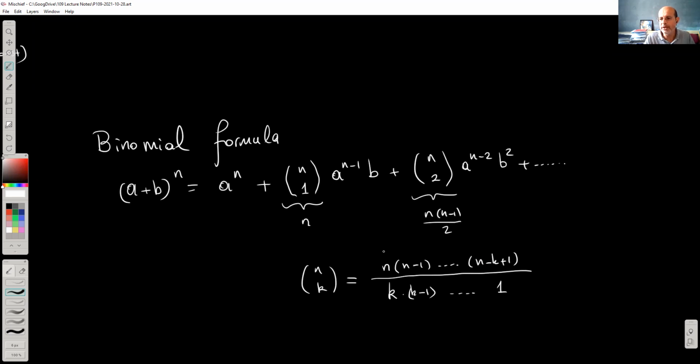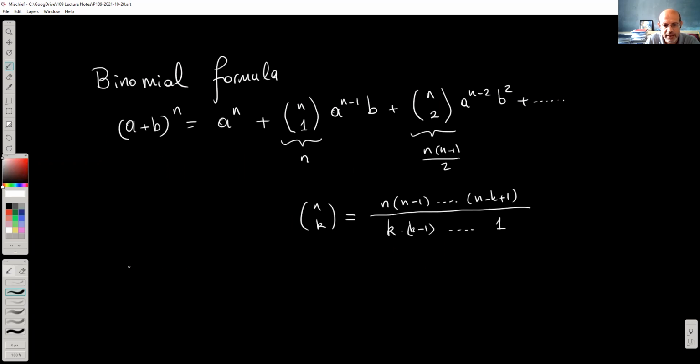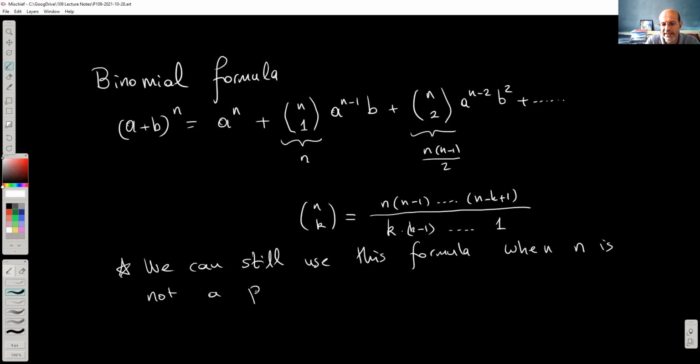Okay, so you know the binomial formula. What you don't know is that I can apply this formula even when n is not an integer, is not a positive integer. So that's important. We can still use this formula when n is not a positive integer.